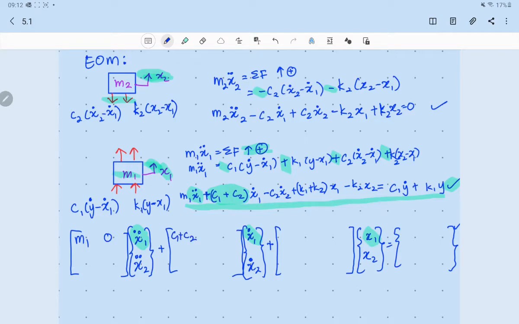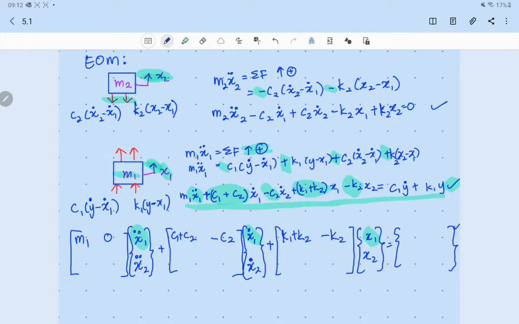For x dot 2, you have negative c2, so my negative c2 is here. The next one is the coefficient for x1 and x2. For x1 it is k1 plus k2, so I just write k1 plus k2. For x2 it is only negative k2, so I just put negative k2.